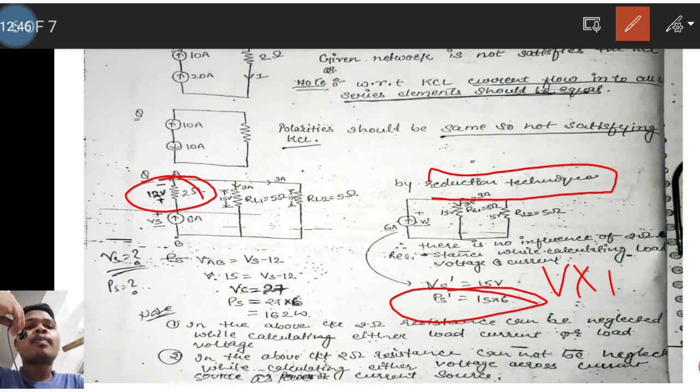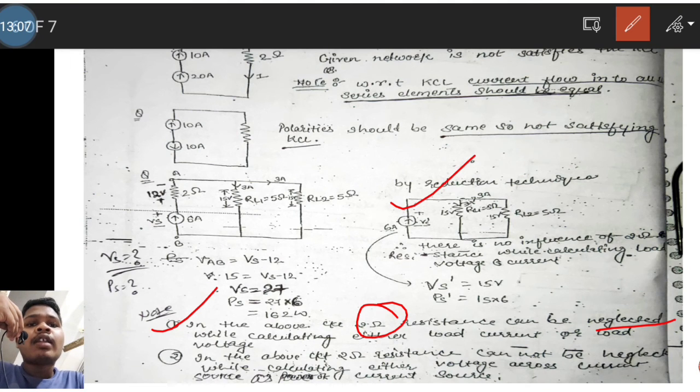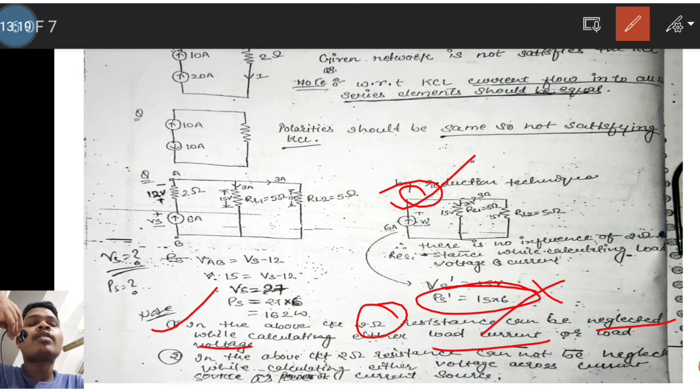So here the two powers are not the same. We conclude that in the above circuit the 2 ohm resistance can be neglected while calculating the load current and the load voltage. But in the case of power, it cannot be neglected, because there is another drop across that resistance.